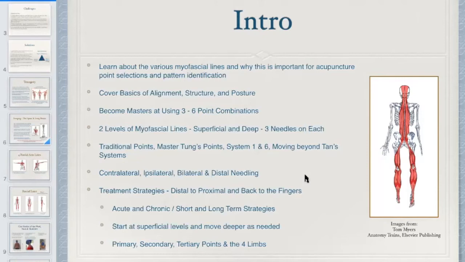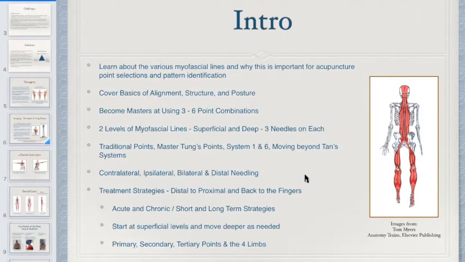So I think that's really important for us to start understanding more. I resisted it for a lot of years because it's a different way of thinking, with the biomechanics of it and all of that. But the more I've learned about it, and the more I've equated it with the myofascial lines and the meridians and the point functions, the more it's helped me get better results.